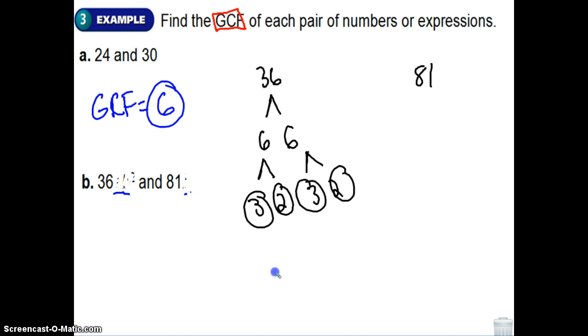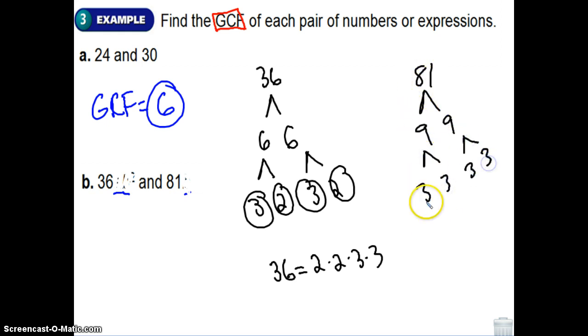So I can write 36 equals 2 times 2 times 3 times 3, which is a very smart thing to do. 81, 9 and 9, 3, 3, 3, 3. So 81 is 3 times 3 times 3 times 3.